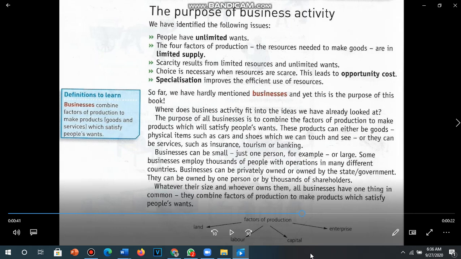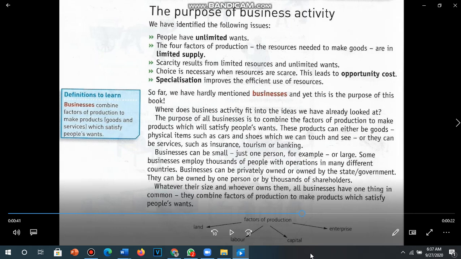Scarcity results from limited resources and unlimited wants. We also have learned that choice is necessary when resources are scarce. This leads to opportunity cost. Specialization improves the efficient use of resources. All this we have learned, and now let's go to the definition of businesses.